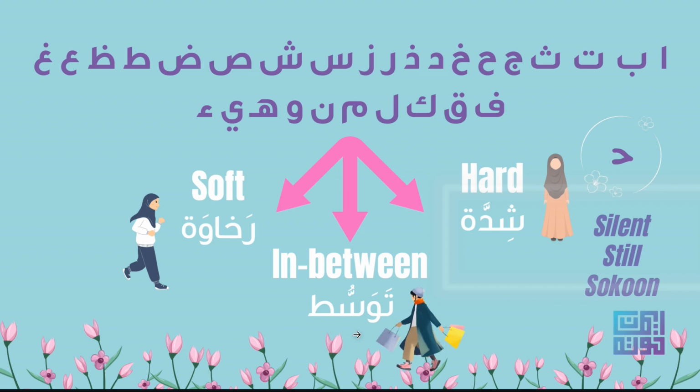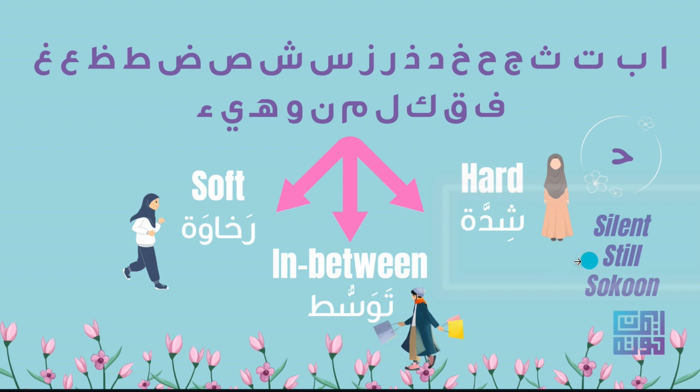There are letters that have an in-between flow of sound. It doesn't flow so much as the letters of softness, and the sound does not terminate like the letters that have this hardness character, but it just flows a little bit.